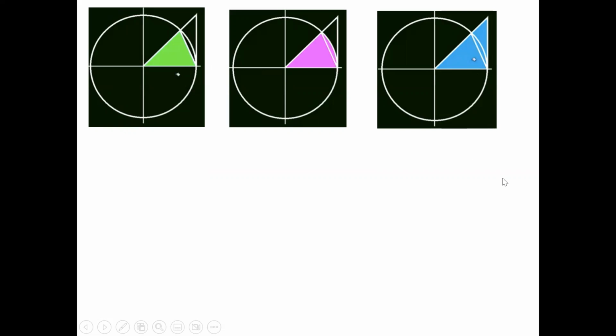When we look at this, of course, we may write this inequality right away, the relation between the areas. Now let's find the formulas for each of them. The first one, the area of the triangle, is 1/2 base times height. This is theta, this is the height. The base is the radius, and the height is sine theta, because sine theta is h over r, but r is 1.